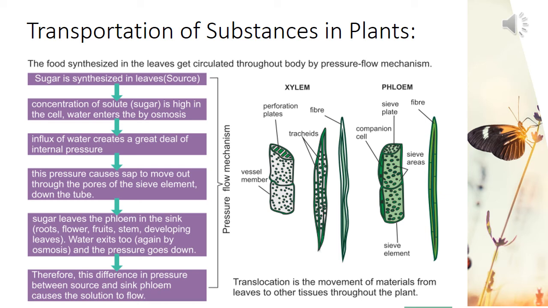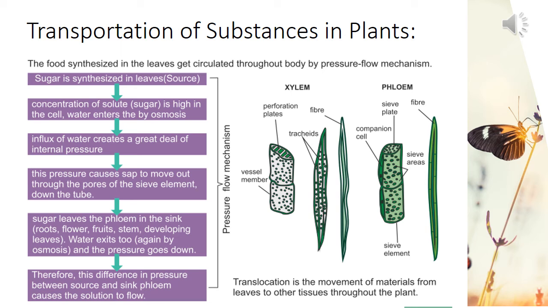Through phloem, the prepared food passes from the leaves to the different parts of the plant like stem, root, fruit, seed, and flower.